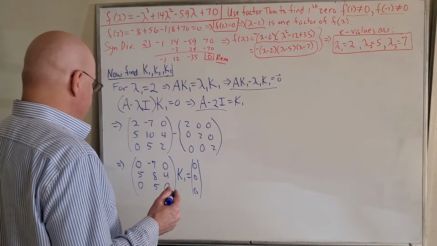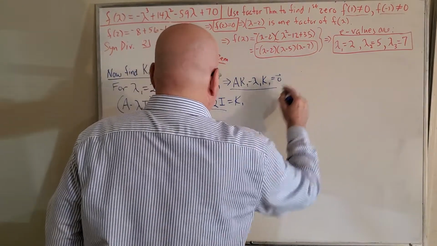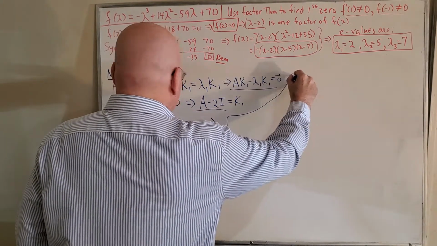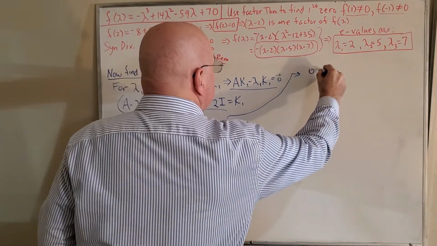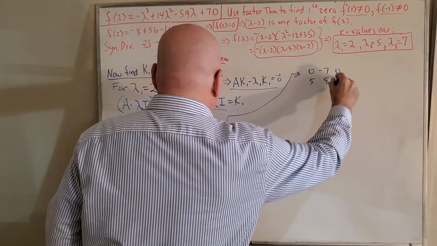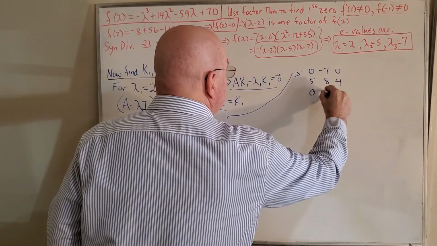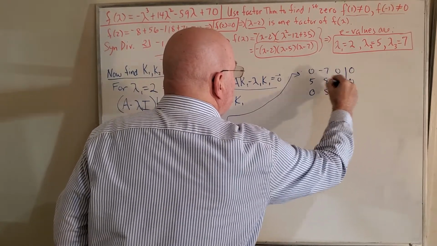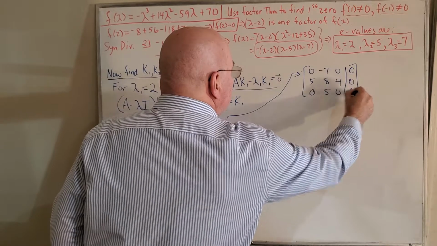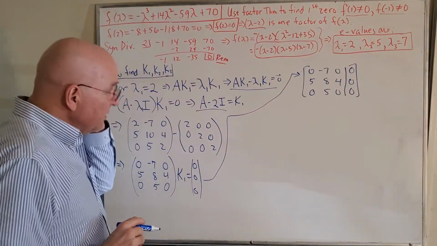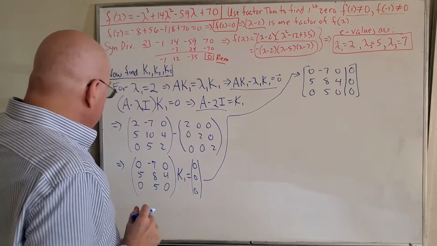We will set up (0, -7, 0, 5, 8, 4, 0, 5, 0, and we're going to augment it with 0. We'll find, and that'll give us K1.